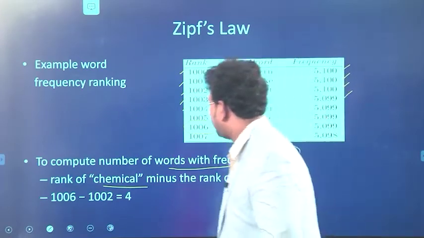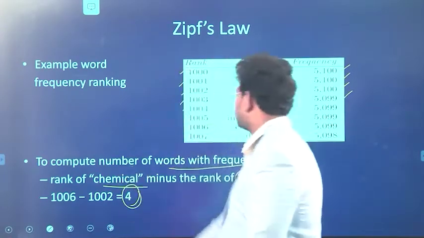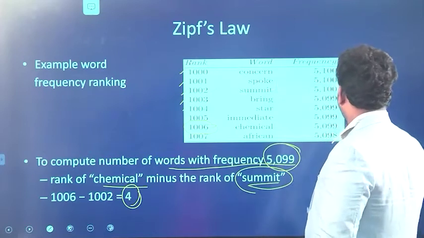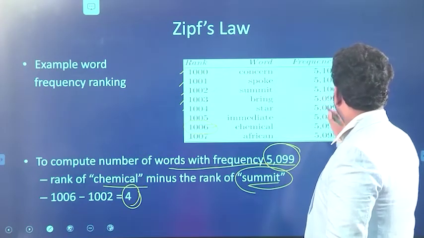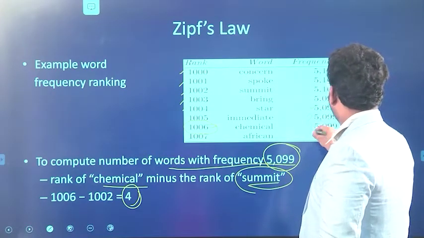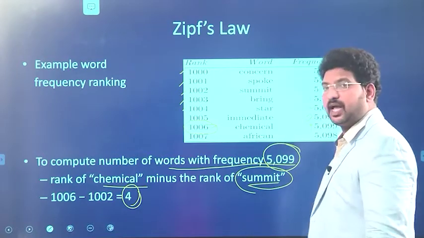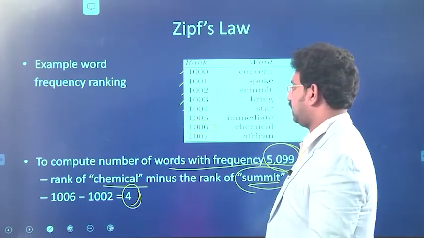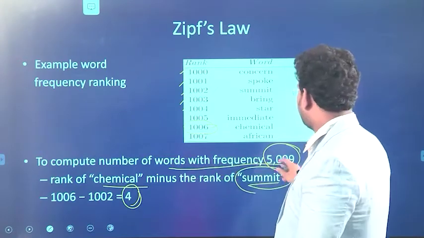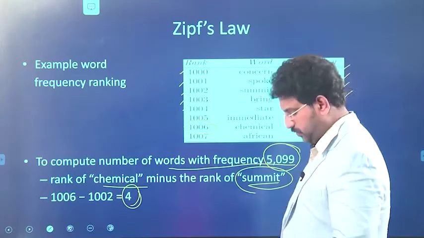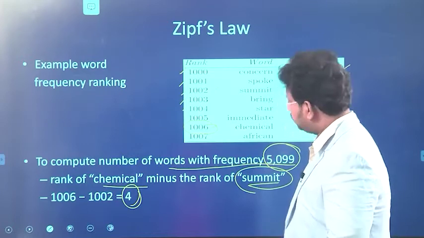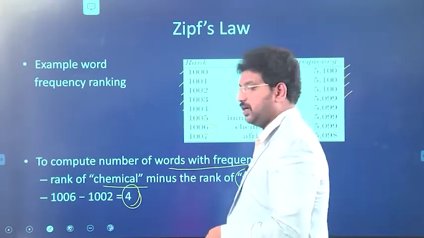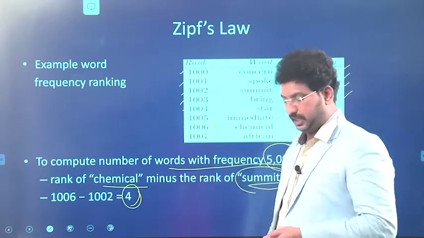So what you are going to get? 4. How many words are associated? 1, 2, 3, 4. So to compute the number of words with the frequency 5099, you can calculate like this. This is about some of the basic formulas you are deducing.